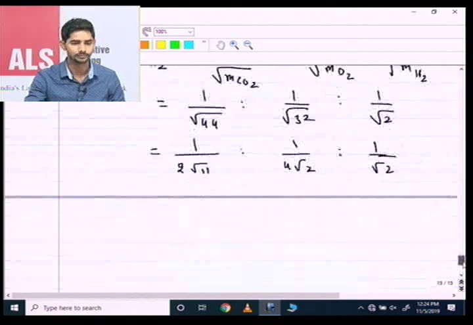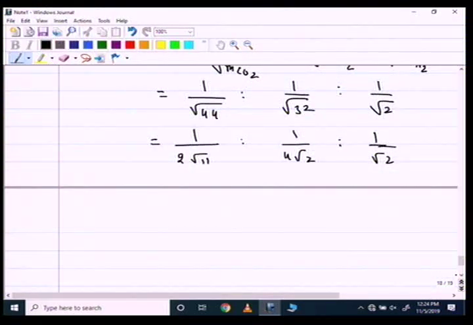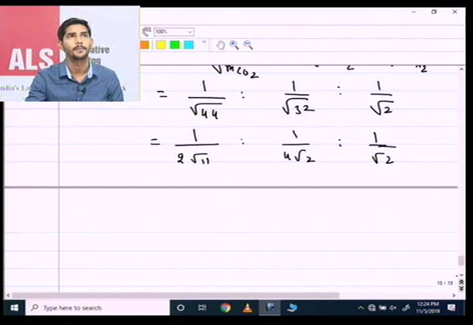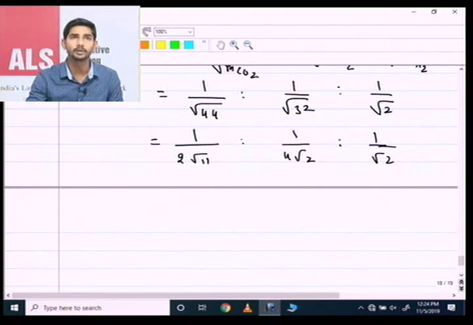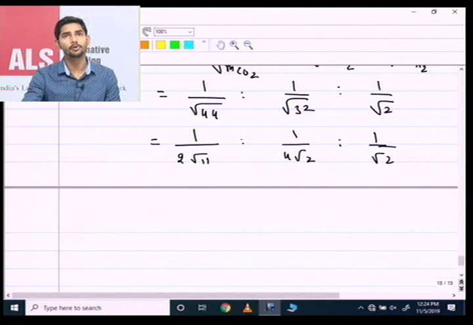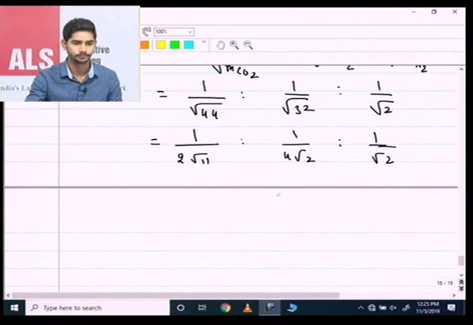See, these are fractions. I was just putting in the molar masses: molar mass of CO2 is 44, molar mass of O2 is 32, and molar mass of hydrogen is 2.